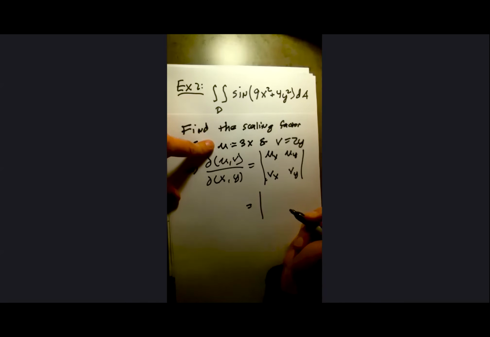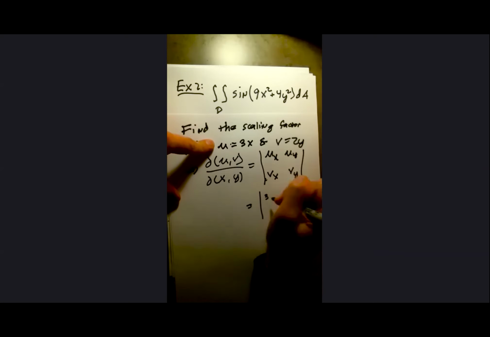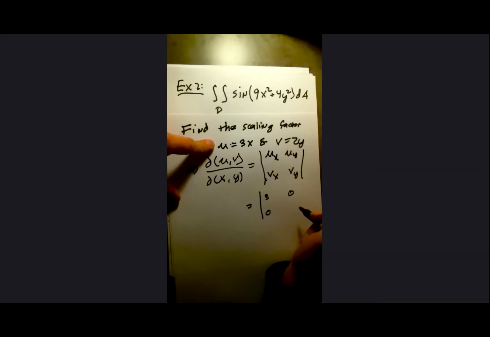Partial of u with respect to x is 3. Partial of u with respect to y is 0. Partial of v with respect to x, 0. Partial of v with respect to y is 2.